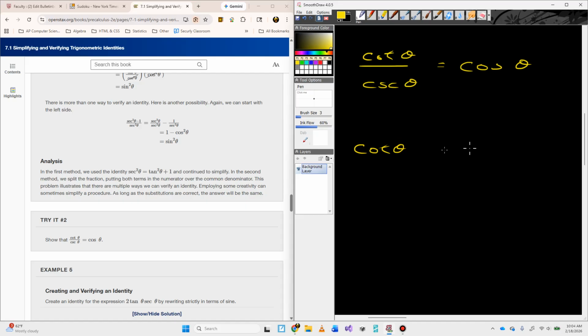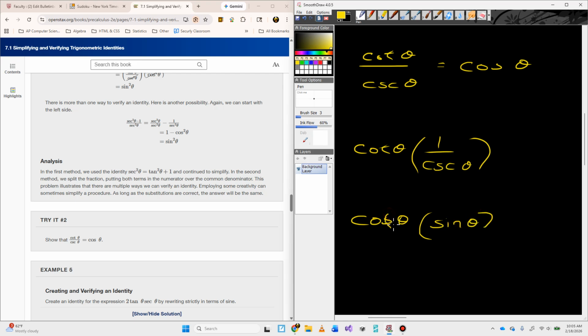I'm going to rewrite this as 1 over cosecant theta, and I'm going to change 1 over cosecant theta to sine theta because I recognize that identity.